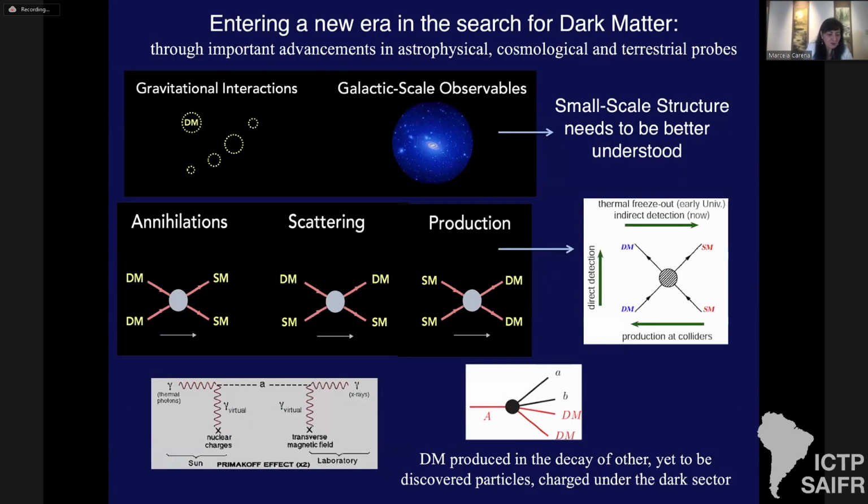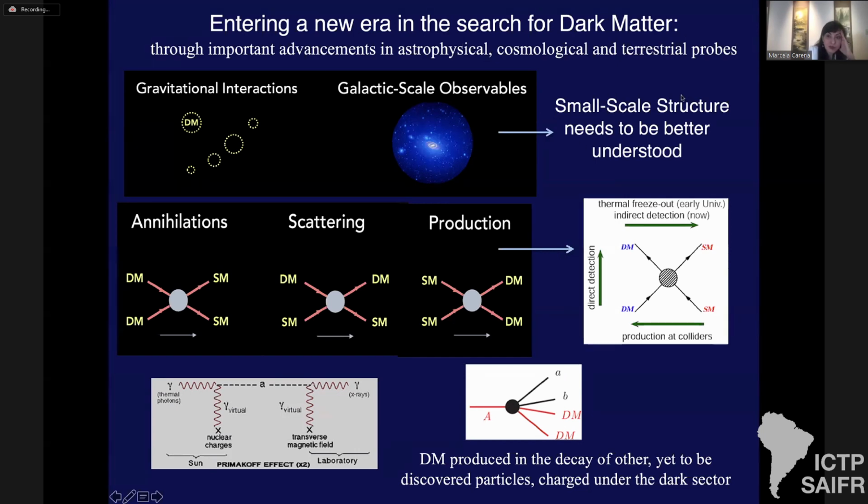So moving forward, over the next decade there will be important advancements in astrophysical, cosmological, and terrestrial probes that will further investigate this whole idea of dark matter at many different scales. As we know, the dark energy plus cold dark matter paradigm, lambda CDM, has been extremely successful in predicting and explaining the large scale structure of the universe and its evolution with time.